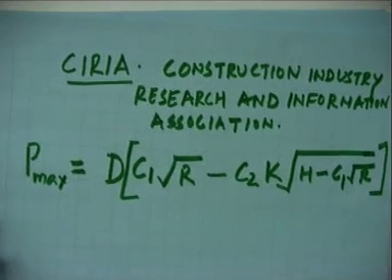P max is D multiplied by C1 under root R minus C2 multiplied by another constant K under root of H minus C1 under root R.